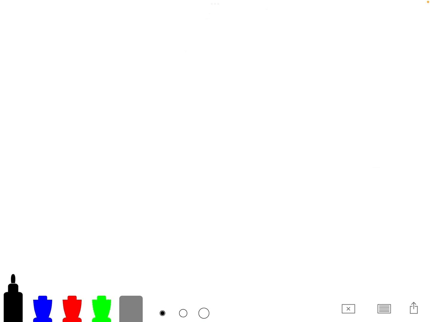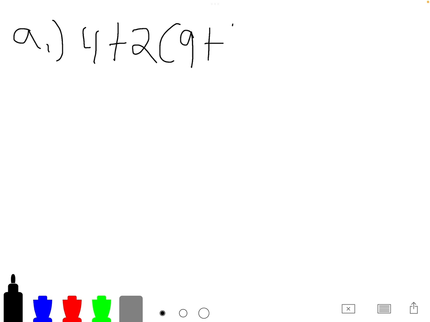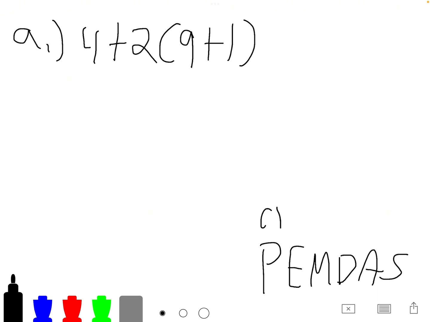This next portion is just a little bit of math just to get the order of operations down pat. So this is pretty simple. So your first one is 4 plus 2 times (9 plus 1). So you're going to do, remember your order of operations. First one is parentheses, so we're going to do these first. 9 plus 1 is 10. Okay, so that's good. There are no exponents. Next we multiply.